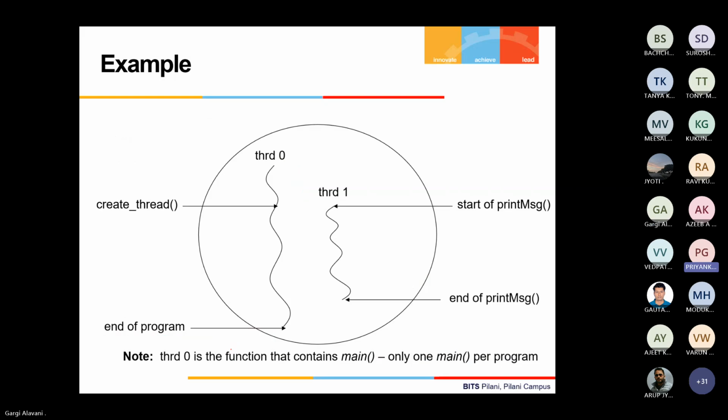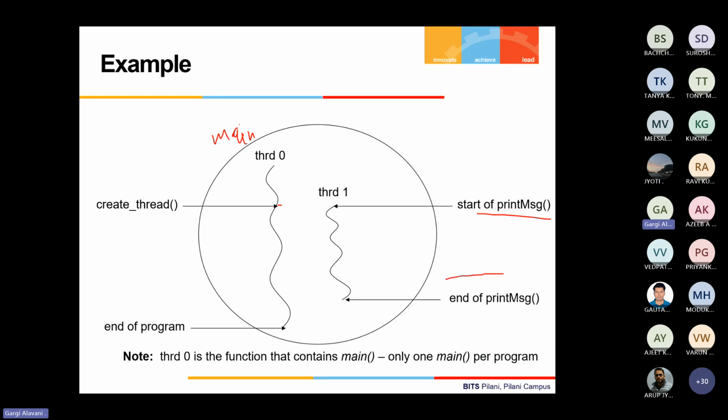So, ma'am, is it basically finalized? Yeah. So let me explain through this. The main function started here by thread zero. After a few instructions, it reaches the create thread function. Create thread then starts print message.